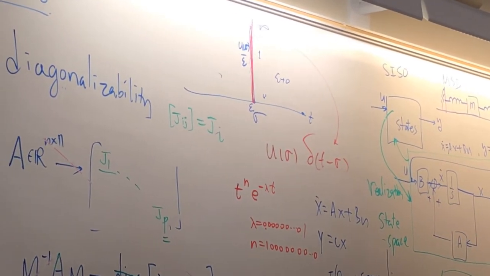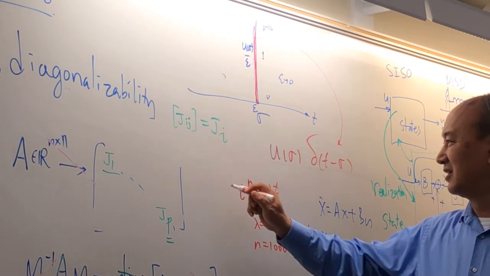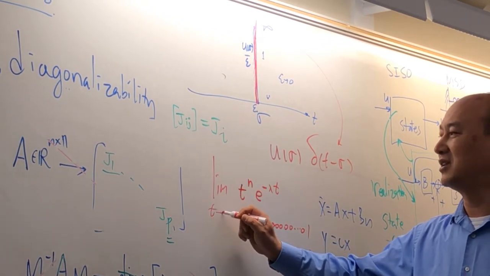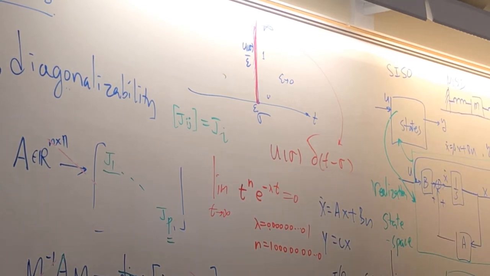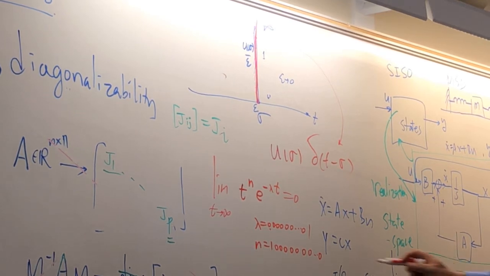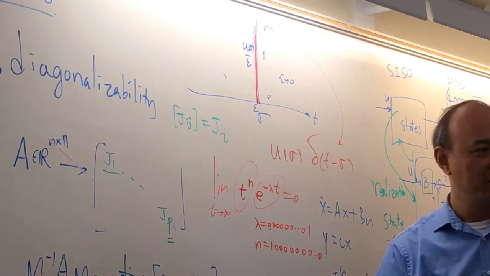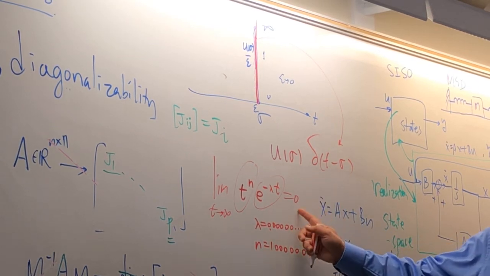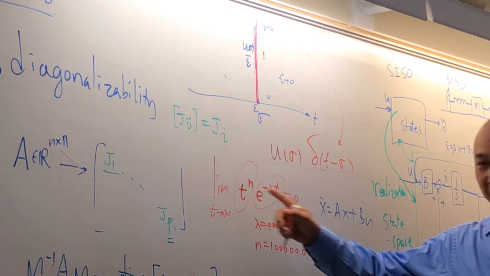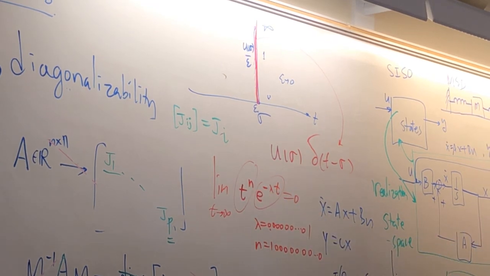Now the question is, when t goes to infinity, this one will be 0. Do you agree? Because a polynomial can never run as fast as you grow exponentially. This one cannot grow faster than this guy. The exponential decays faster. So if you work it out, you will see this is 0, no matter how small, no matter how big. So that's good news.